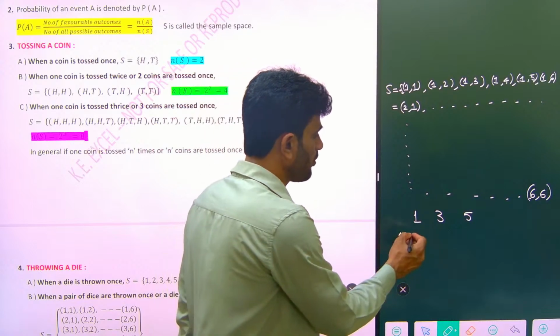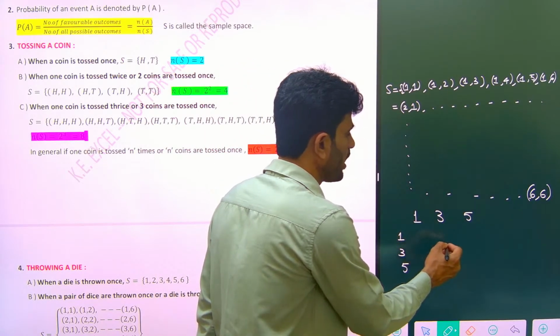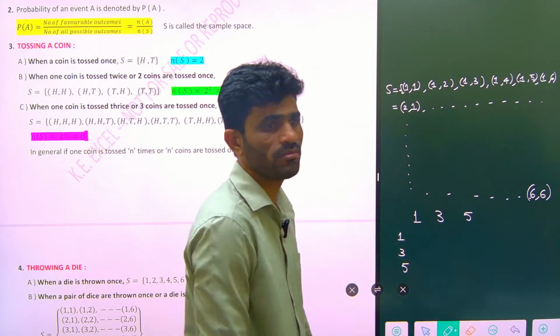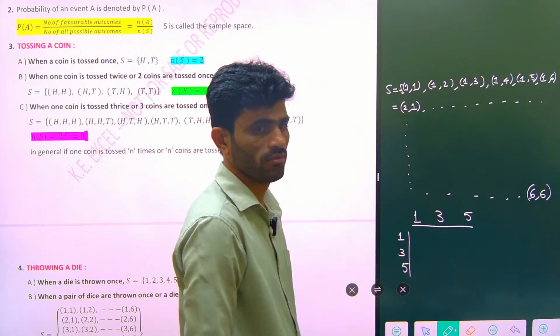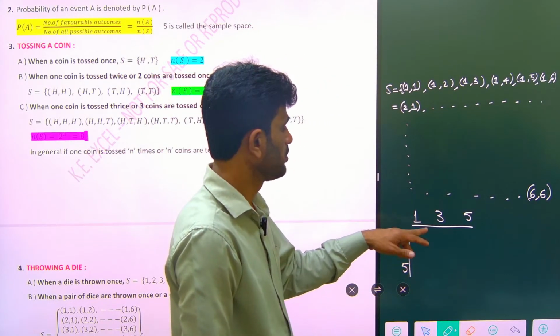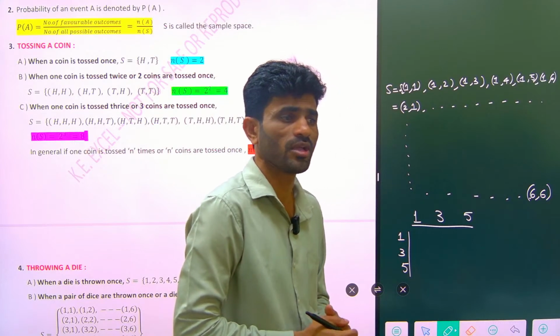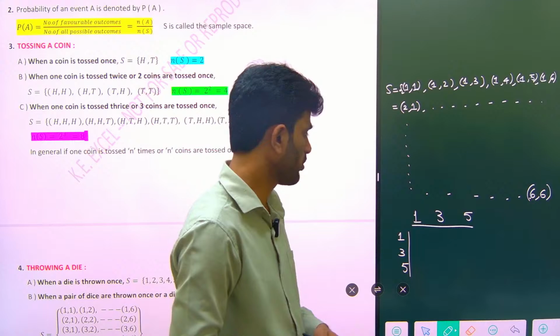Then it will come as (1,1), (1,3), (1,5), (3,1), (3,3), (3,5), (5,1), (5,3), (5,5). How many will come? 9. You can multiply if it is objective: 3 into 3, 9 outcomes will come. Total 36 outcomes. Probability is 9 by 36, which is 1 by 4. Like that you have to select.